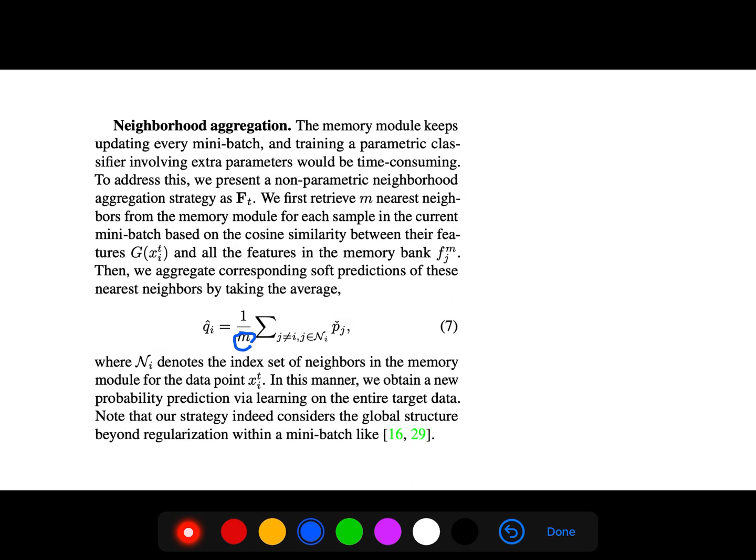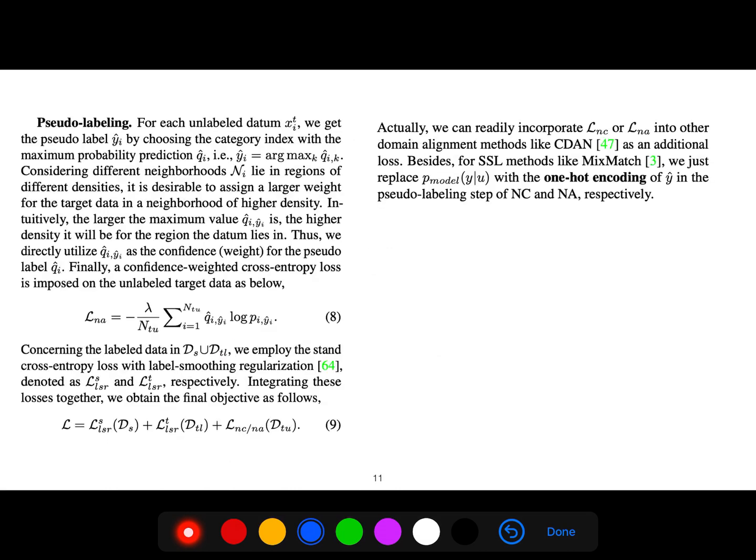Then we aggregate the corresponding soft predictions of these nearest neighbors by taking the average, where n_i is just the index set of neighbors in the memory module for the data point x_i. So we obtain a probability prediction. We are learning on the entire target data, and our strategy indeed considers the global structure beyond regularization within a mini-batch.